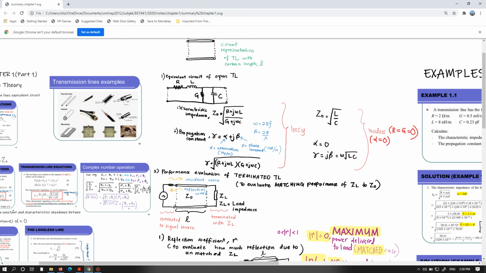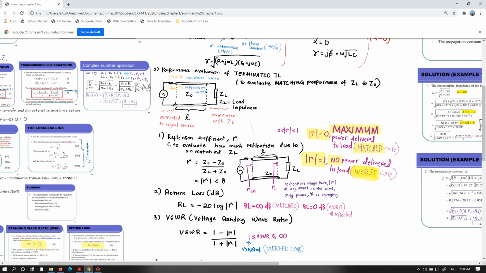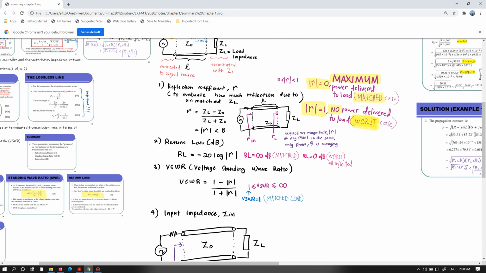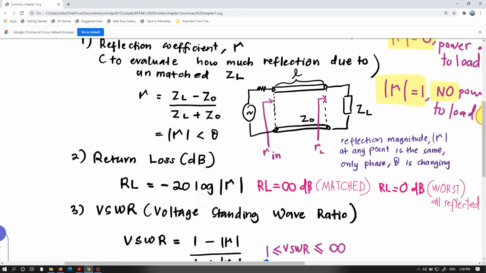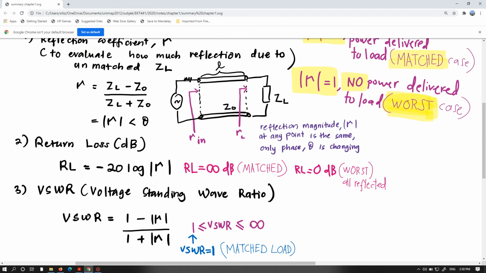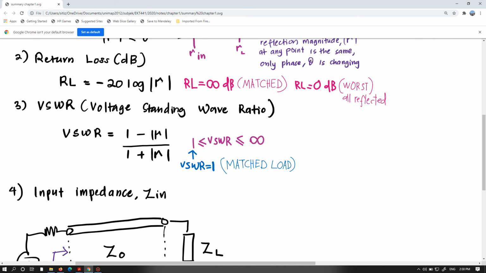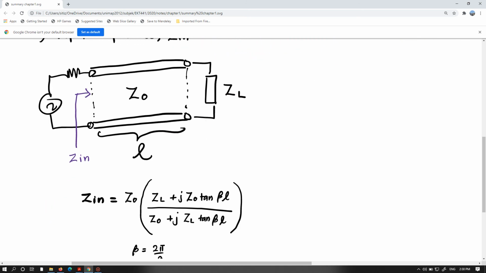Why you have to know the characteristic impedance Z0 is because the Z0 will be useful for you to calculate these parameters. When you know the reflection coefficient value, you can calculate the return loss, you can calculate the VSWR, and also you can calculate the Zin, if you know the Z0.